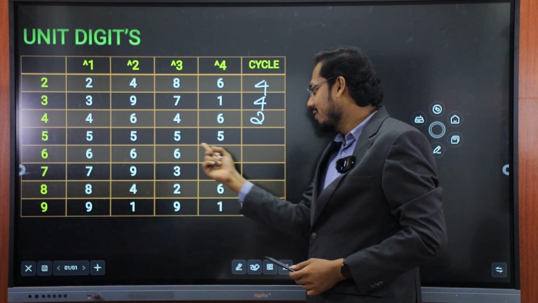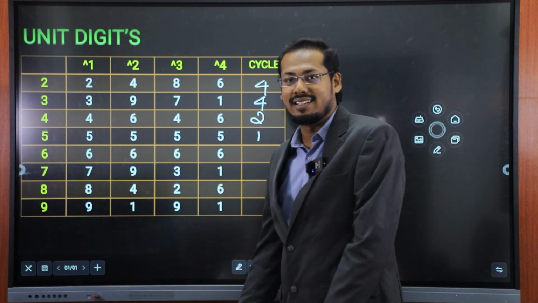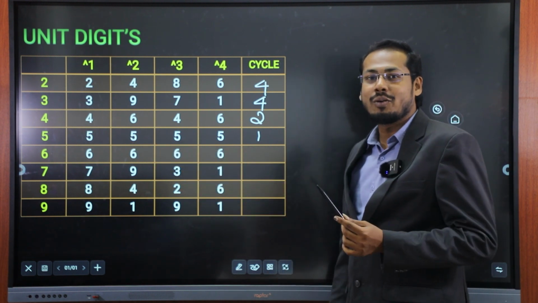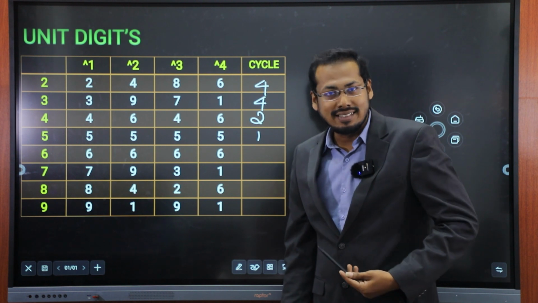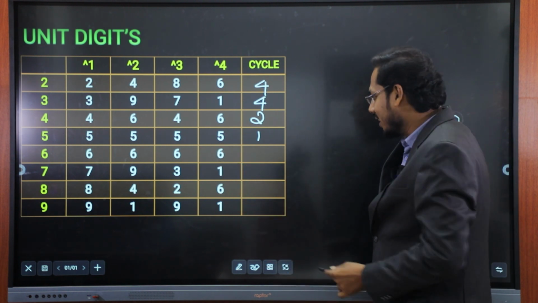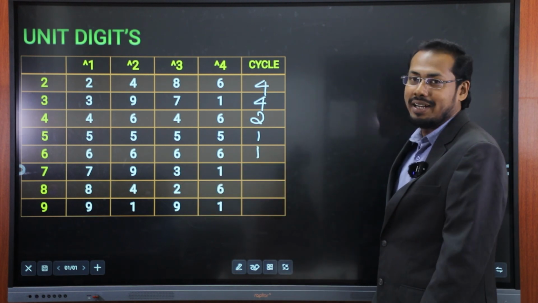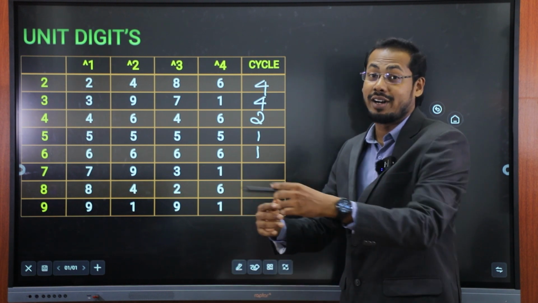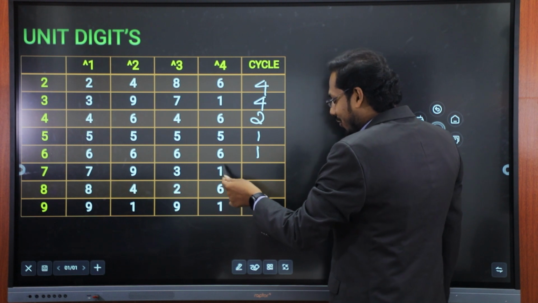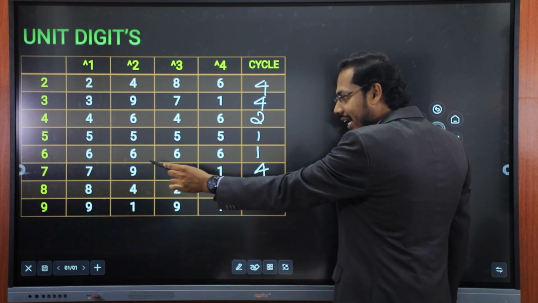If I come to 5, I already said 5 has only one answer, only one cycle, that is you will get only 5 at the end. 6, 6 power 1 is 6, 6 square is 36, 6 cube is 216. So again and again I am getting only 6. So this is also 1. Coming to 7, 7 power 1 is 7, 7 square is 49, 7 cube is 343, then 2401. So you will get these 4 numbers again and again. For 8 also the same.